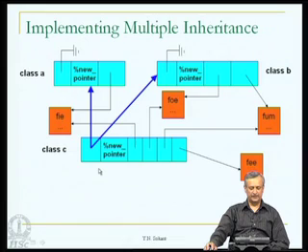There are no problems in implementing single inheritance, it is very simple, but implementing multiple inheritance, that is a single class inheriting from two other classes, for example, class C inheriting from class A and class B, creates some difficulties.